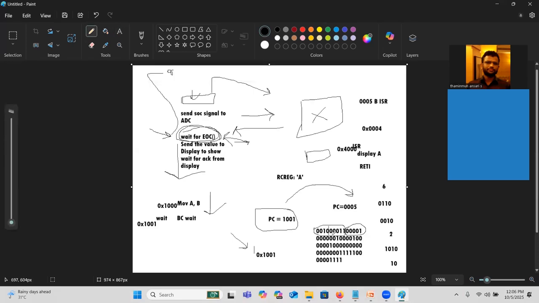It is 2, then 1, then 8, then 4, then 0, then 8, again 4, then 0, 8, 0, 0, 0, 7, and then this one is C, then 0, then F. So the hex file that we generate, when you work in industry, they provide a hex file for flashing, right?